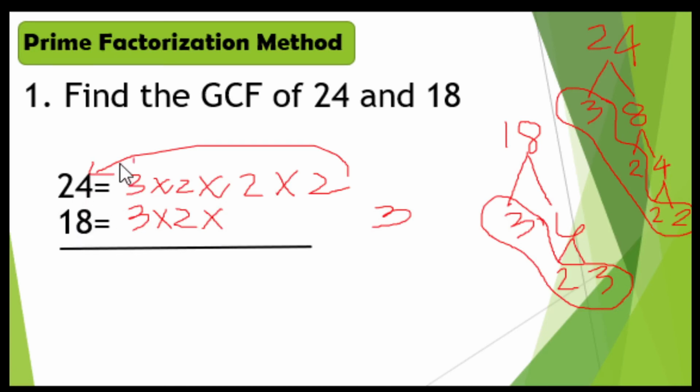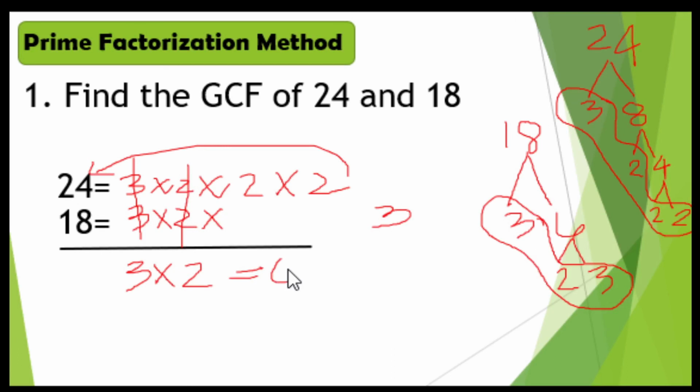So we have 3. They are common. 3 and 3. Next, 2. They are common. 2 and 2. And nothing more. We have to bring down 3 times 2. 3 times 2 is equal to 6.